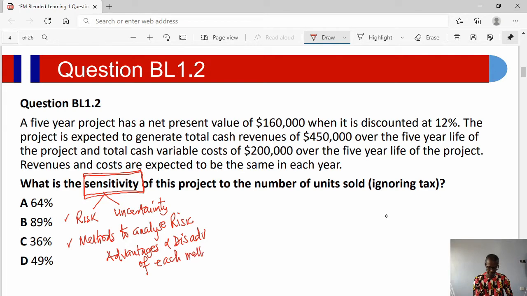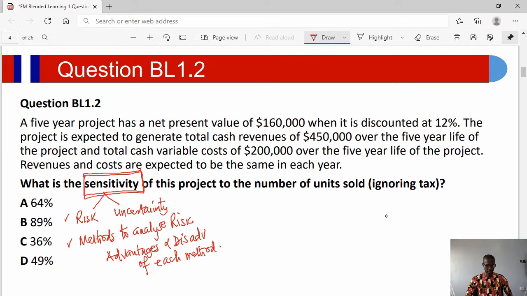The methods may include sensitivity analysis, simulation analysis, probability distribution using expected values, or risk-adjusted WACC, or project-specific CAPM. They are all methods that can be used to analyze risks, and know the advantages and disadvantages.